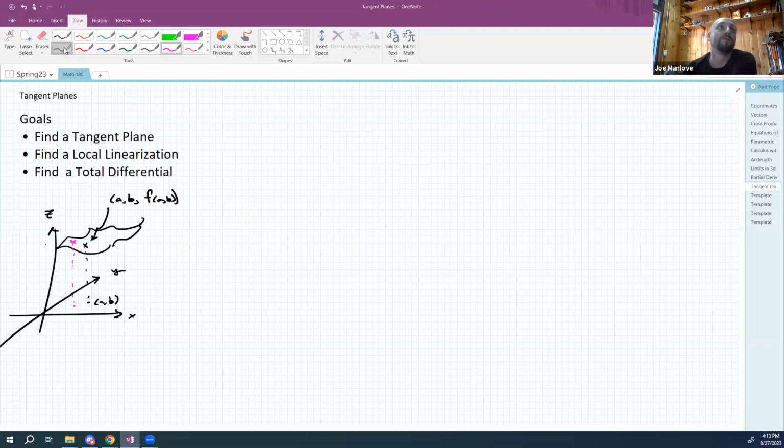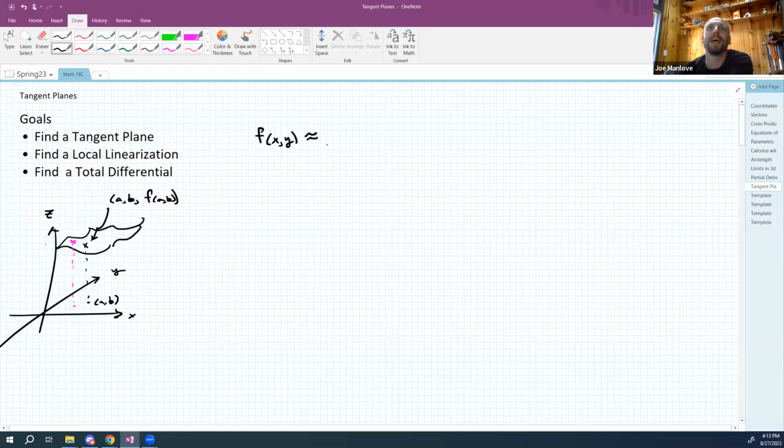I'm going to look at f of x and y, and pretend that I only know things about my point at A and B. So first pass, dumbest guess: that thing's flat.